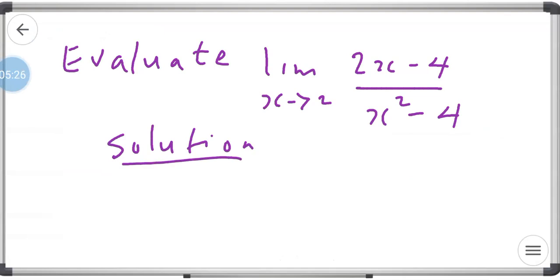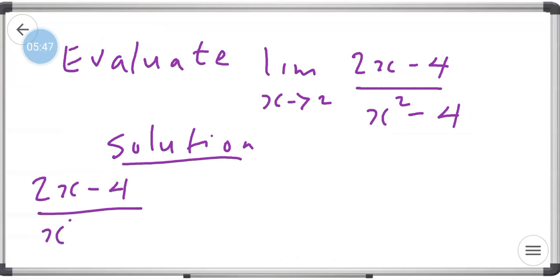So which means we have to substitute the value of x. Instead of writing x, we'll be writing 2, because x is ranging to 2. So from here quickly, 2x minus 4 all over x squared minus 4, now from here we can factorize out the common element.